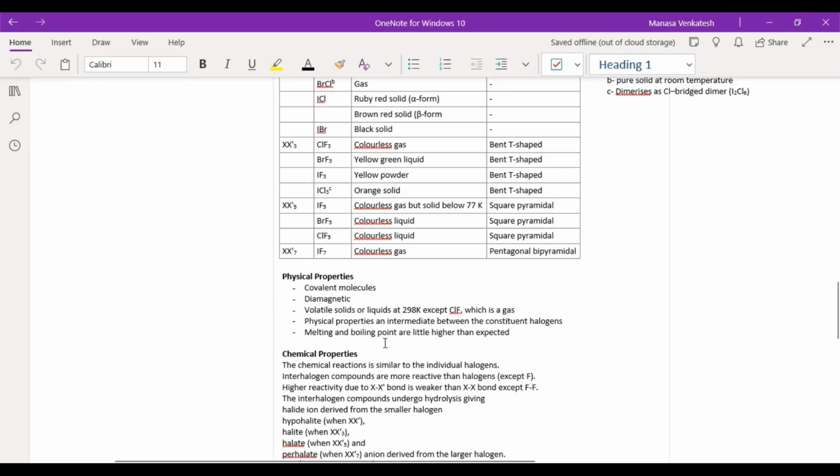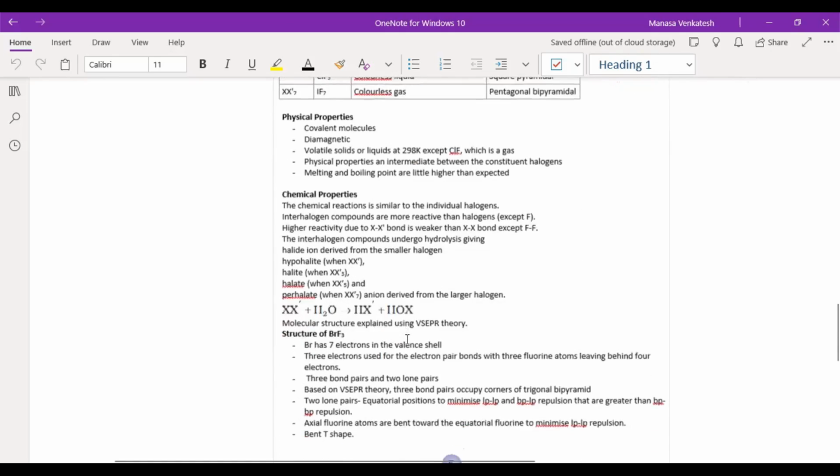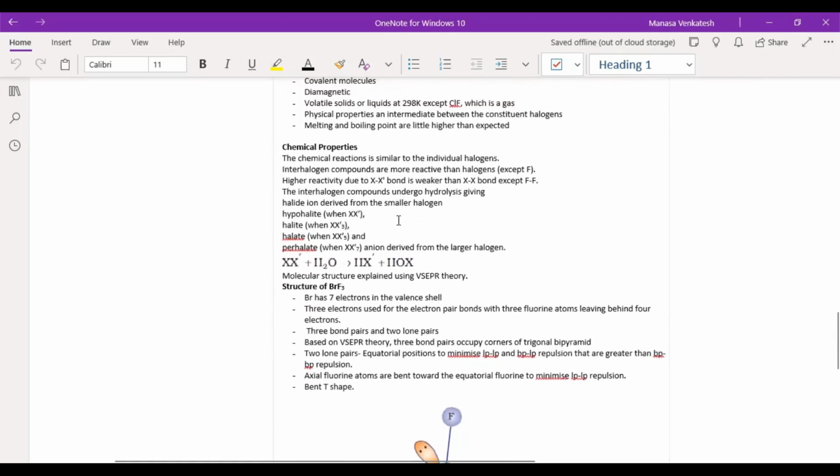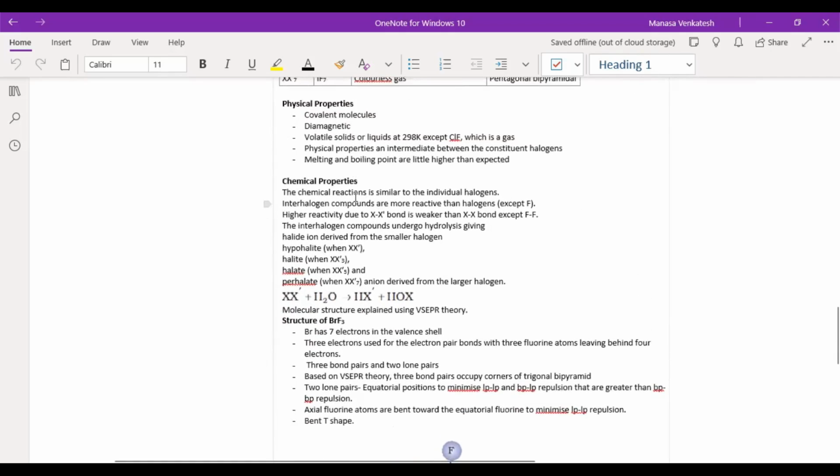And the melting and boiling points are actually a little higher than what is expected. The chemical reactions shown by these interhalogen compounds are similar to those of the individual halogens. Generally, it's noticed that the interhalogen compounds have more reactivity than the respective halogens.